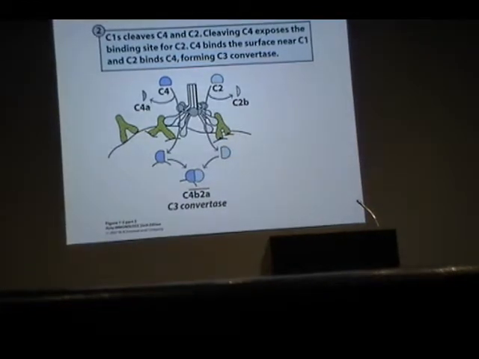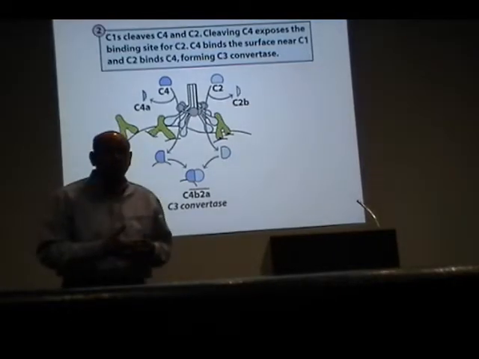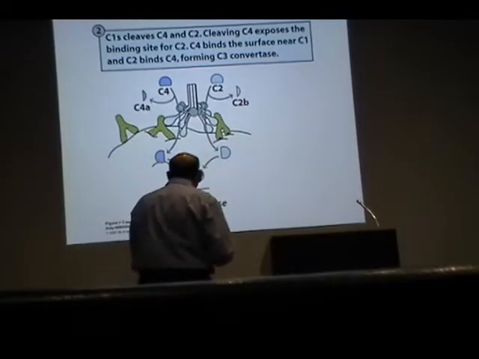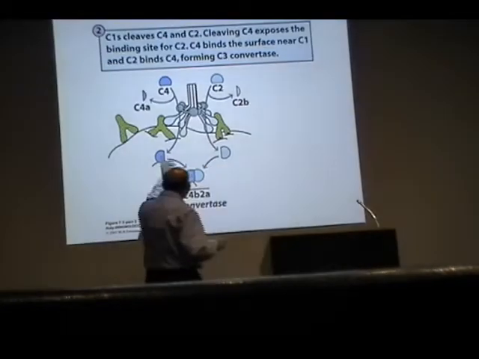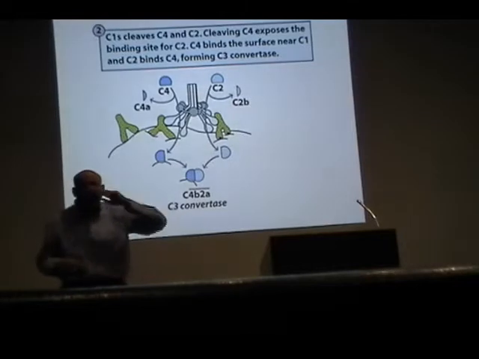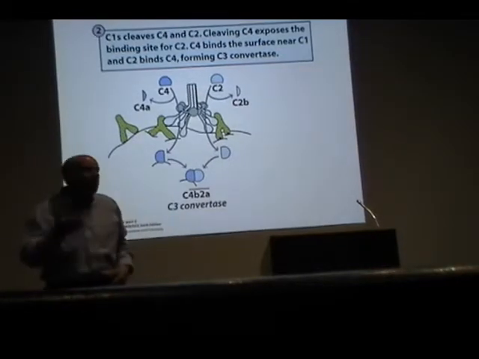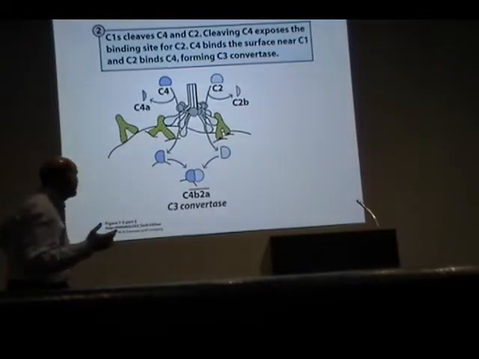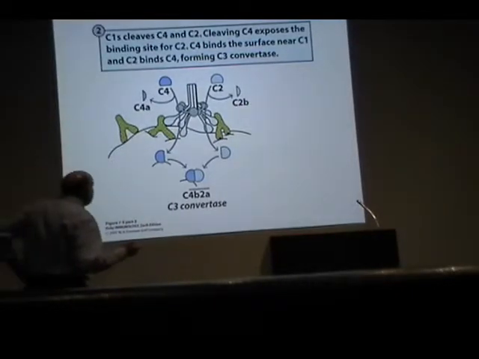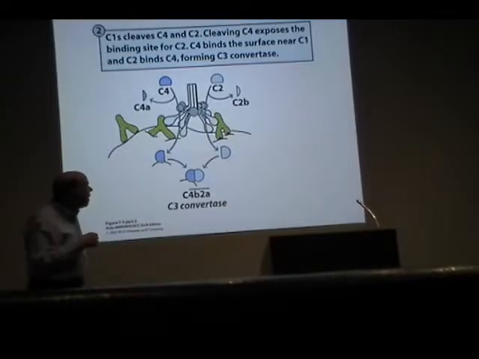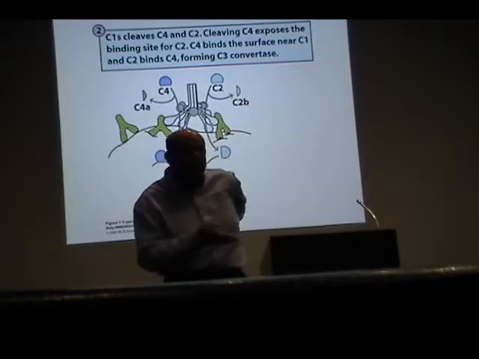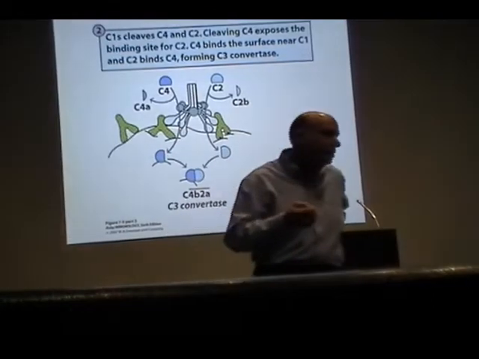R and S are active proteases, but they're only active when they're bound to C1q. So R and S are proteases, and their only job is to cleave C4. The only time they're going to be able to cleave C4 is when C4 binds to C1qrs. All other bacterial surface, C4 is cleaved, and C4 has C4a and C4b.